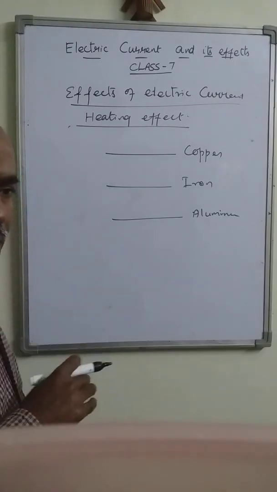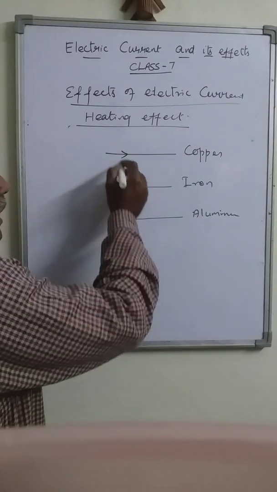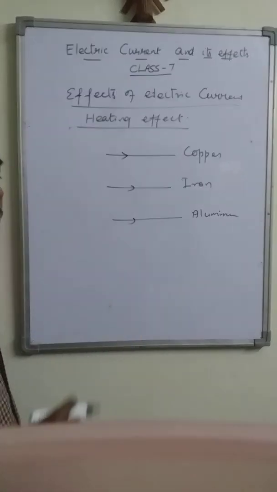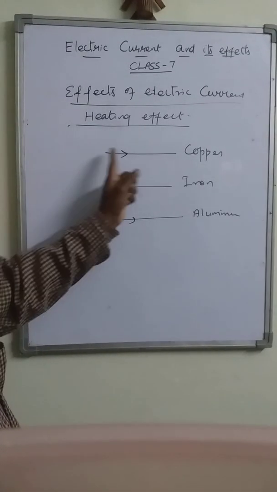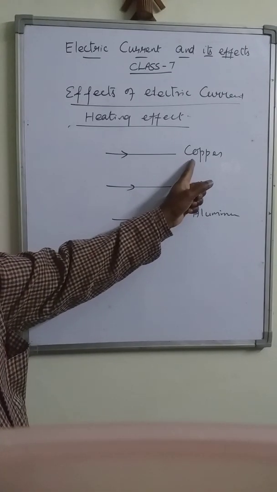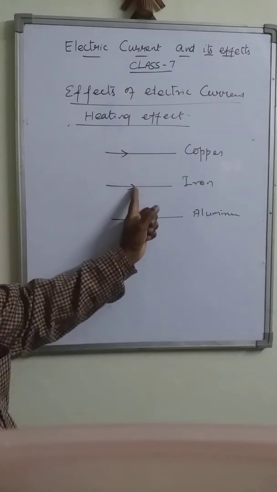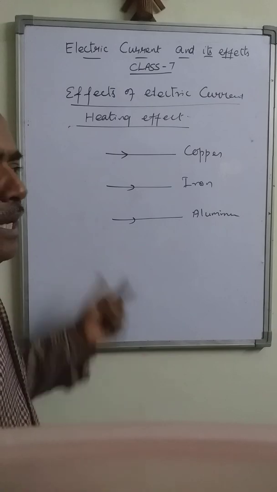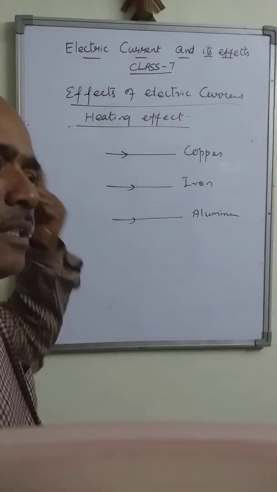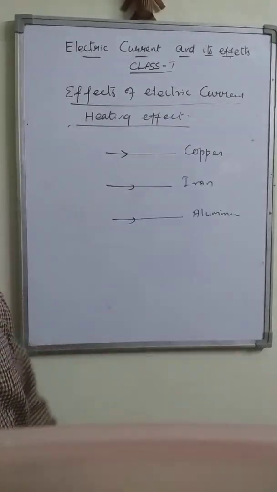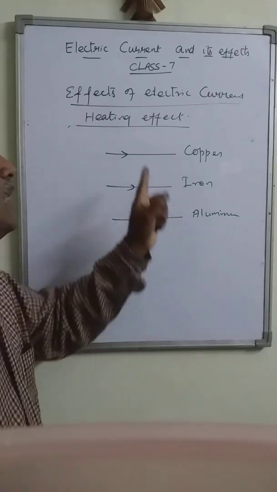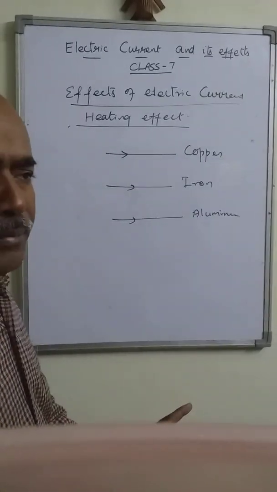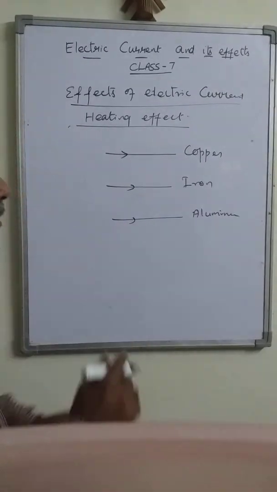But if you measure, if the same amount of current flows through them, if we pass some amount of current through copper, same amount of current through other two wires also, and for the same time, the same current is passed through these three different materials, the different amount of heat is produced.